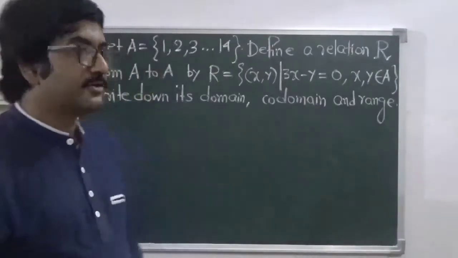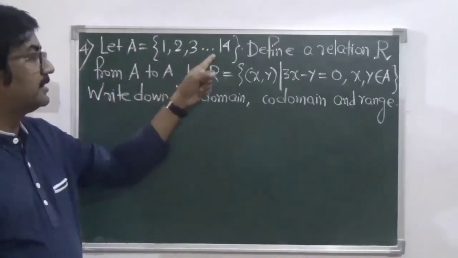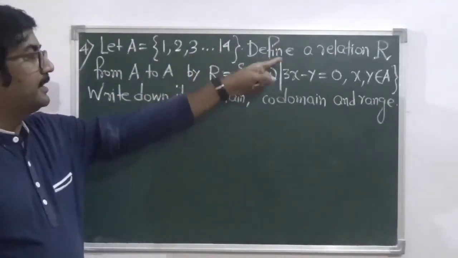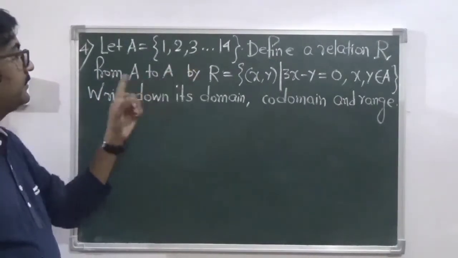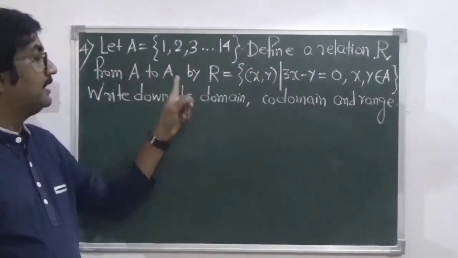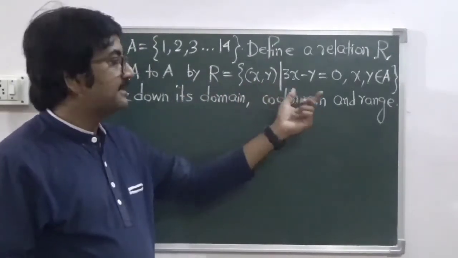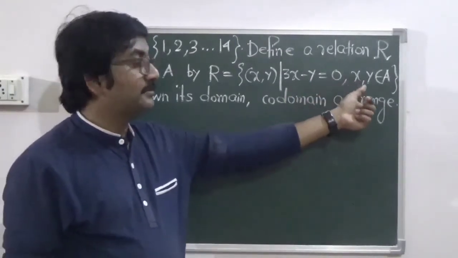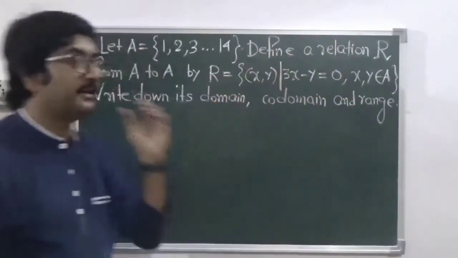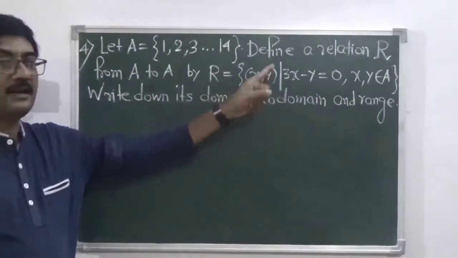Moving on to the next question. Let the set A have elements 1, 2, 3, 4, continuing till 14. Now define a relation R from A to A, that is, the relation is defined from set A to itself, as R equals all those ordered pairs which satisfy the condition 3x minus y equals 0, where x and y both belong to the set A. Now you have to write down its domain, codomain and range.